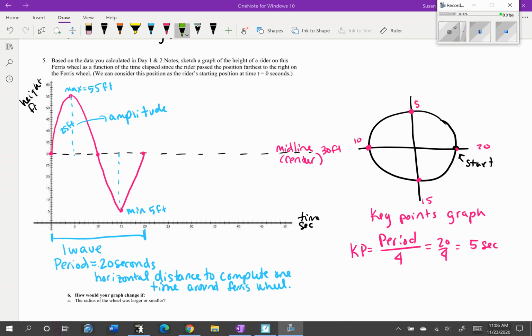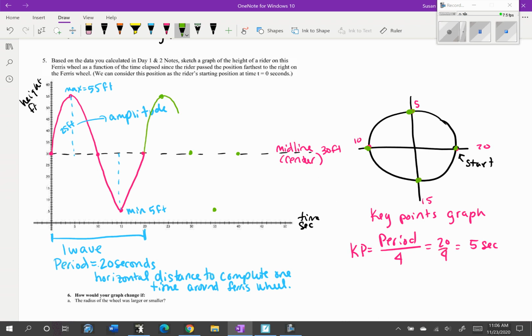So if we wanted to complete another time around the wheel, at 25 seconds we would be back here at the maximum. And then at 30 seconds, we'd be back to the midline. Then the next one would be 35 seconds, which would be at the minimum, and at 40 seconds, we would have gone around our Ferris wheel now twice.